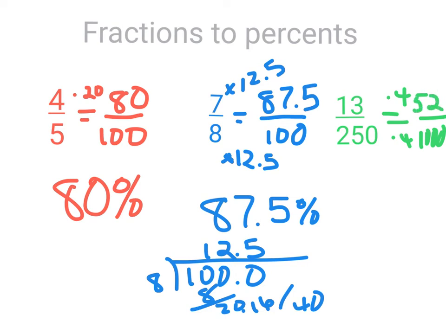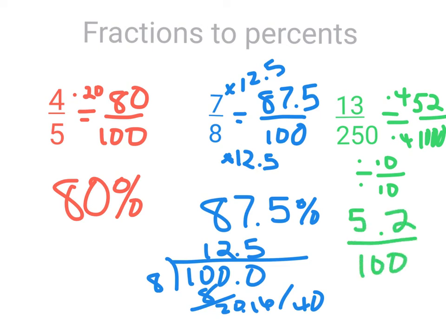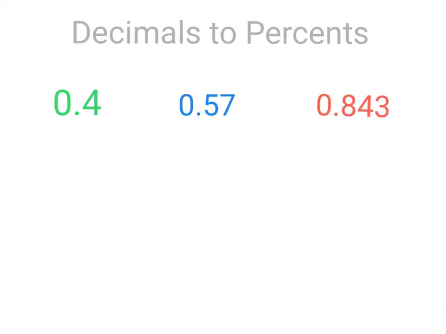So now if we want to divide the top and the bottom by 10, 52 divided by 10 gives you 5 2/10. 1,000 divided by 10 gives you 100. So 5 2/10 per 100 is 5 2/10%.